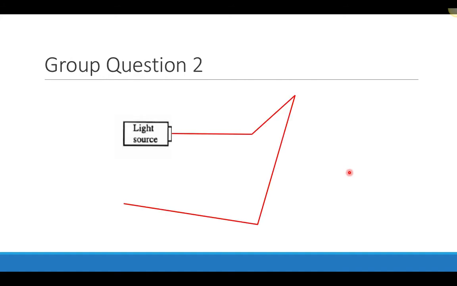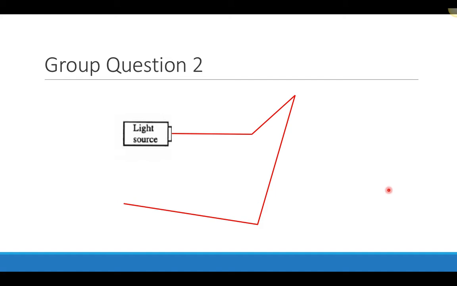So here is the picture that you find on the floor, and you want to determine where the mirrors are actually located. The very first thing you should realize is that any time the light changes direction, there has to be a mirror present. The other thing that has to be true is that the law of reflection has to be valid.